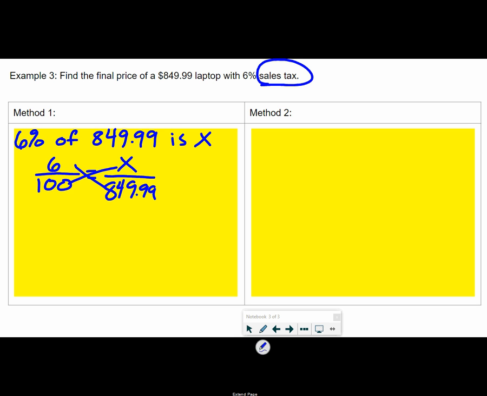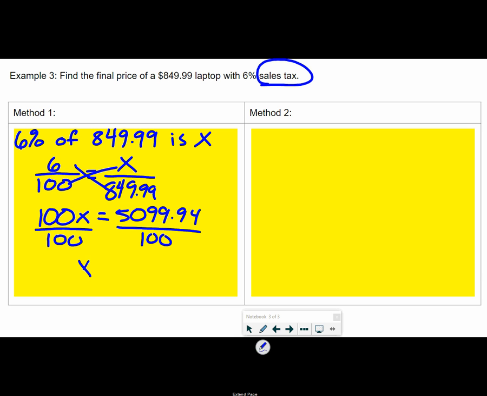Cross multiply, I get 100X equals 5,099.94. When I do that, I get 50.9994, so I'm going to round it up to 51.